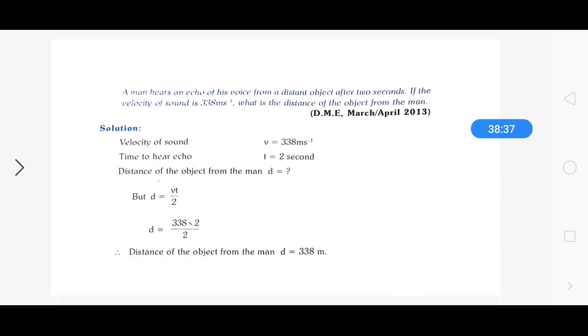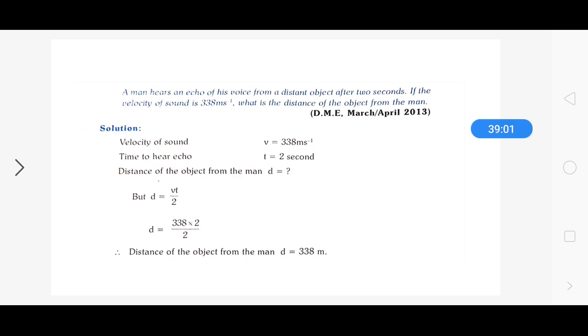Now let us discuss some problems based on echoes. A man hears an echo of his voice from a distant object after 2 seconds. If the velocity of sound is 338 meters per second, what is the distance of the object from the man? So D will be calculated.